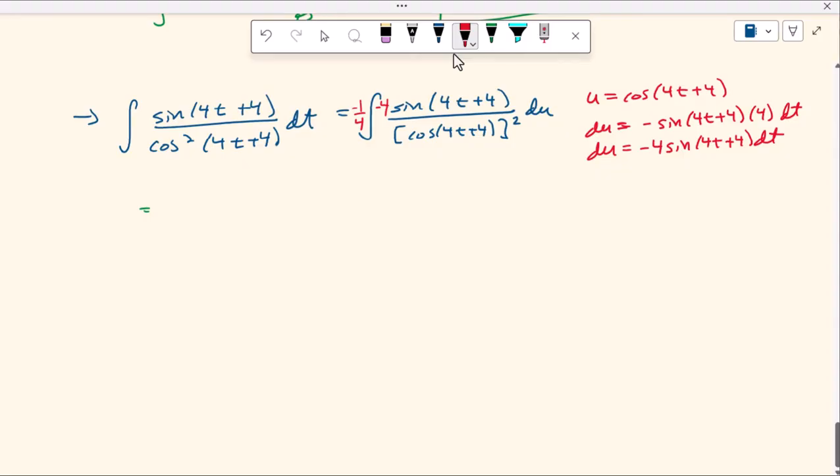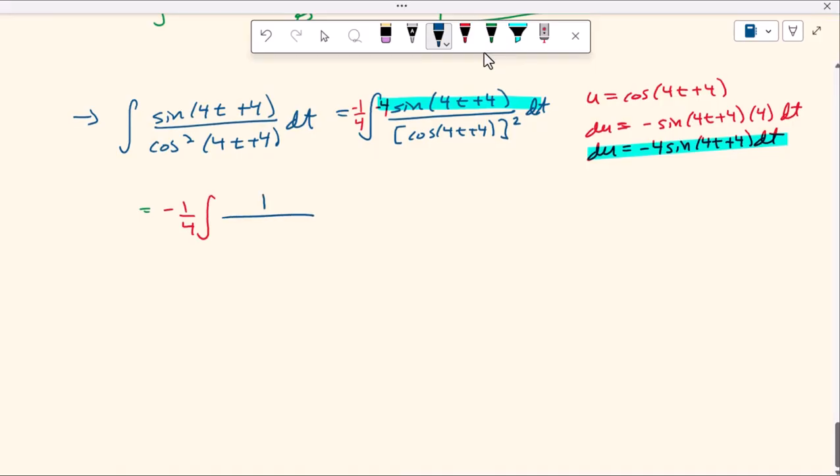And the reason I do that is the 4's cancel, and when the 4's cancel, I've essentially multiplied by 1, and I haven't changed the value of the integral. So this would be a negative 1/4 integral. Okay, all of this is my du from right here. And that should be a t there, because I haven't substituted in yet, so that's a dt.